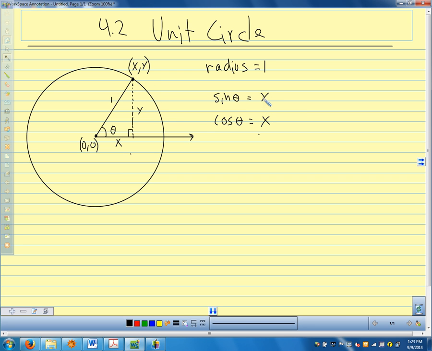That's really all there is to the unit circle, finding these x and y coordinates and how they relate to this angle. We're going to add one other twist in just a second. And do we remember tangent theta? Opposite over adjacent.